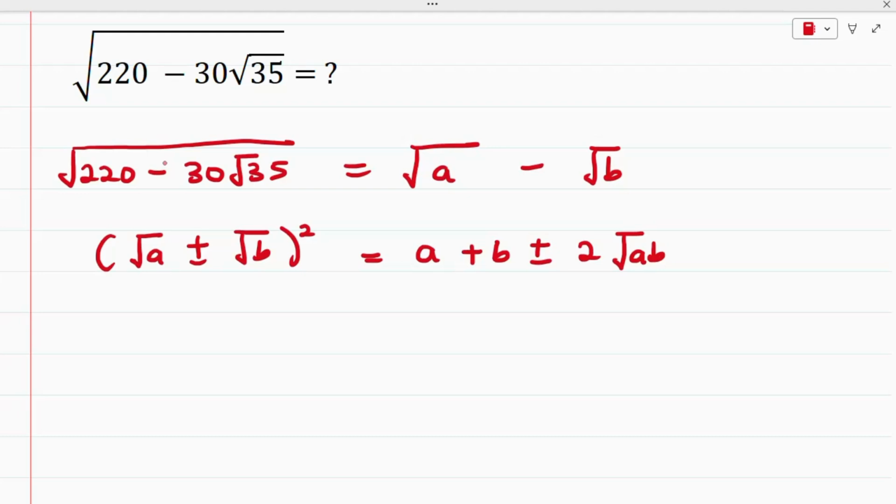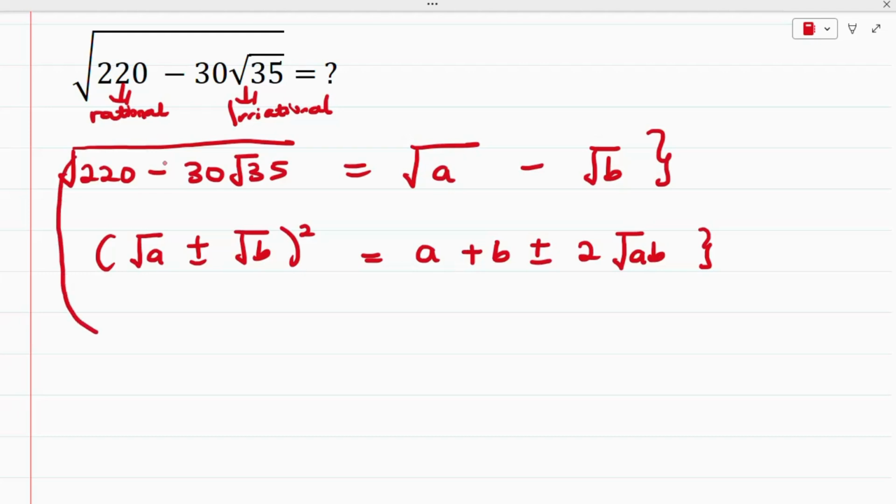Now, because this property contains both rational and irrational components, and the equation given to us contains rational and irrational components, that is to say, 220 is the rational component and 30 into the root of 35 is the irrational component, we were able to express this to be equal to this. So we are going to solve using this.